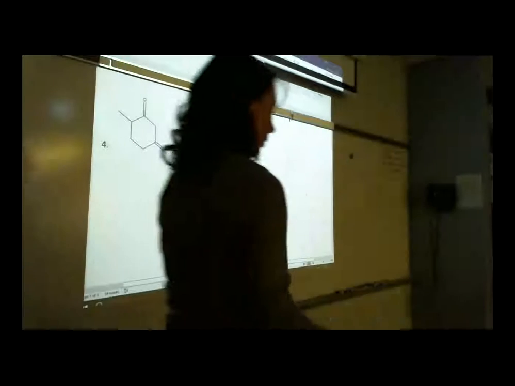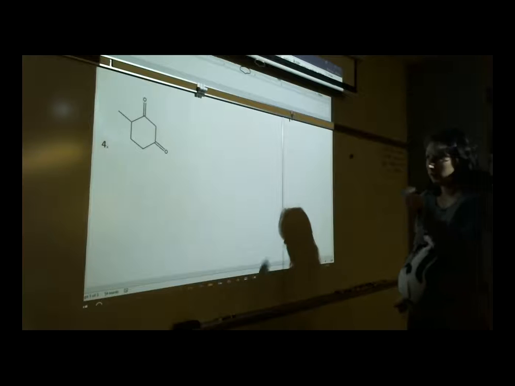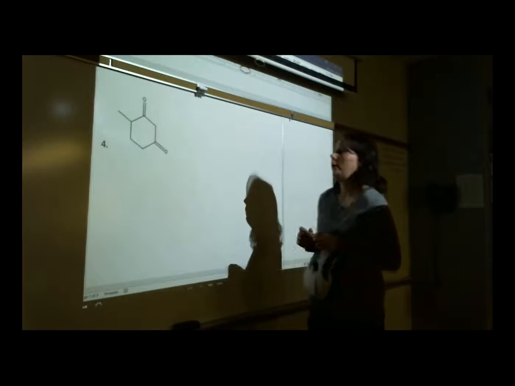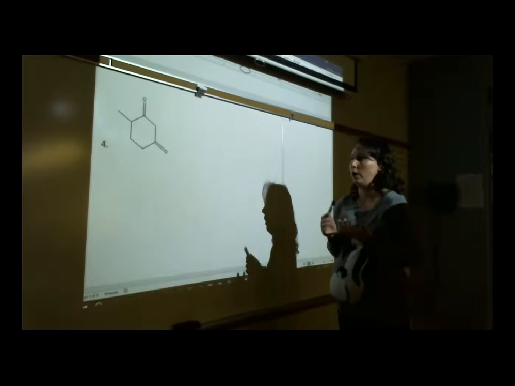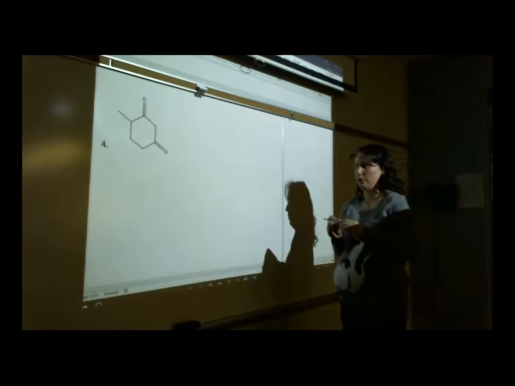Okay, so when we're doing this one, what functional group do we have here? We have ketones, right. And now when we're numbering this, we have to give priority to what? The ketones or that methyl group? Right, so where's carbon number 1? There's only one correct answer. On the bottom right.